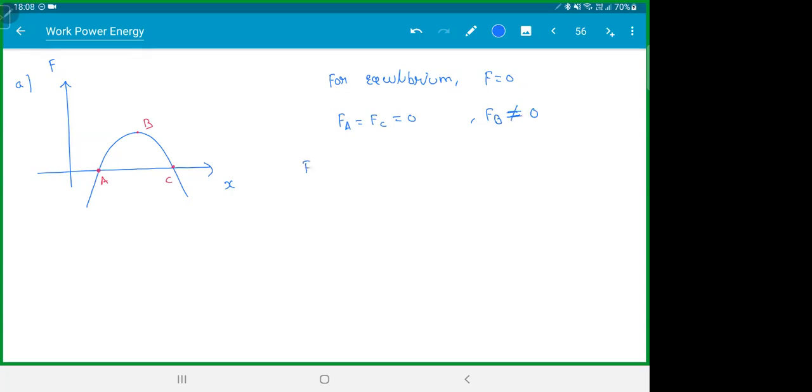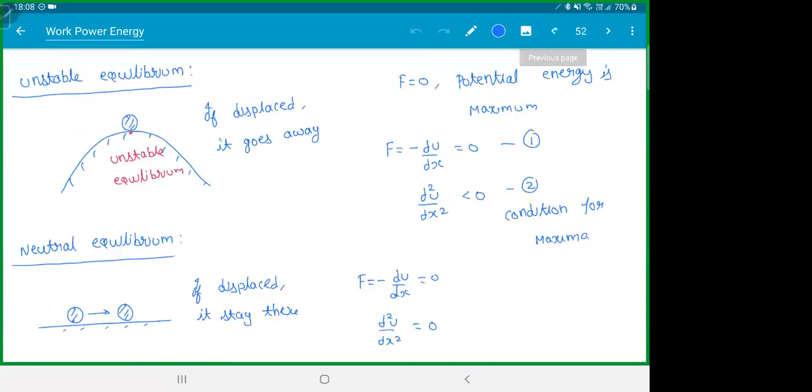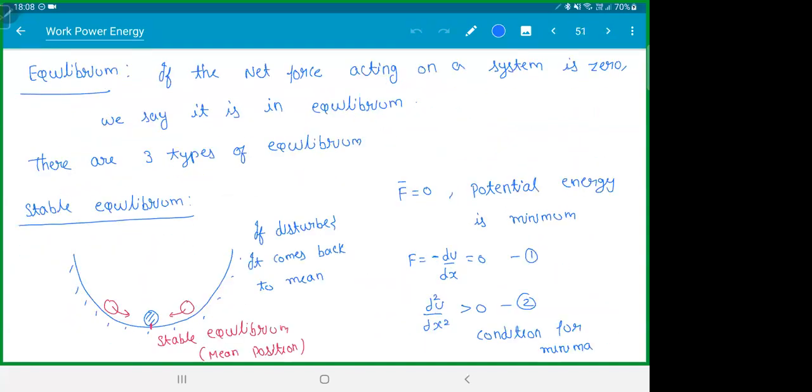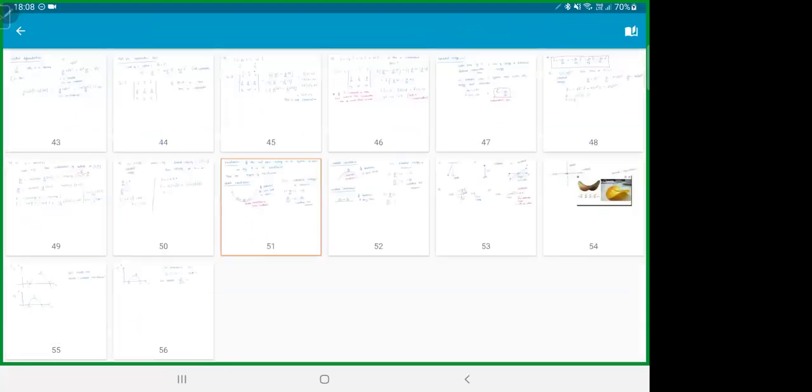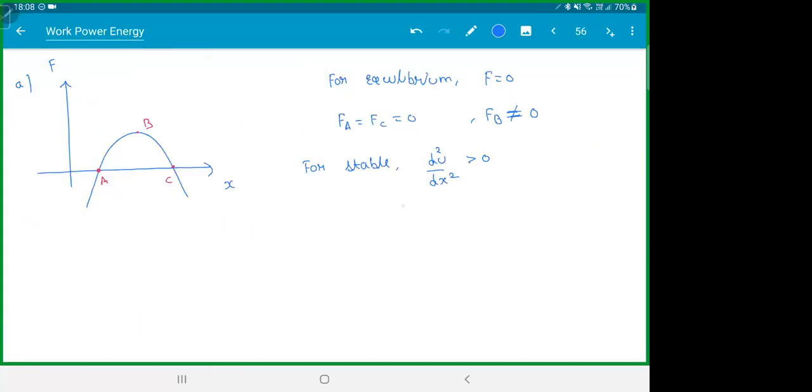Then for stable equilibrium, we know the potential energy should be minimum. Therefore, d square u by dx square, the second differential, should be greater than 0. This you have done last time. But the second differential is d by dx of du by dx, and F is minus du by dx.